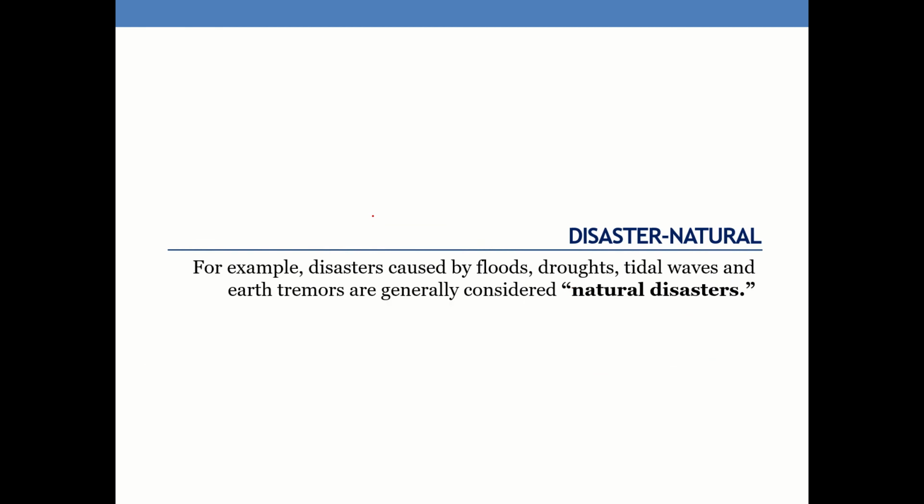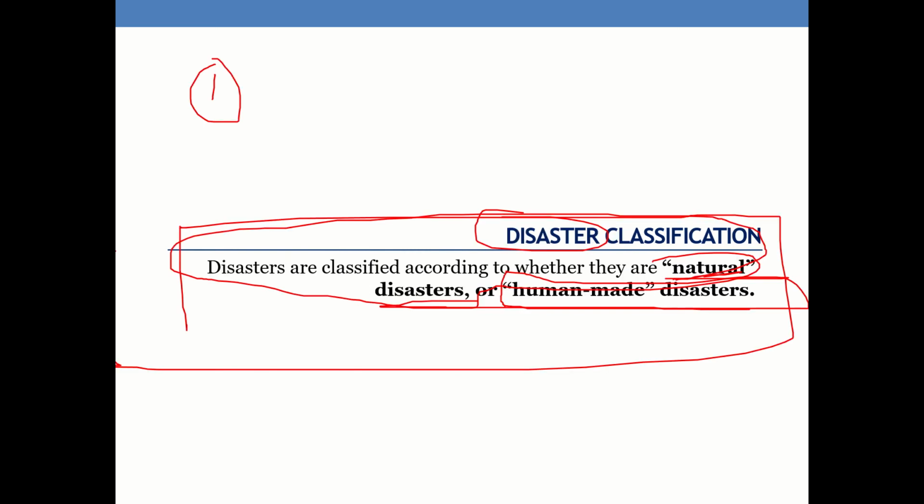For example, it can be floods, drought, or earthquake caused by natural disaster, or it can be beyond this. So how do we classify these disasters? Broadly, we can classify disaster as naturally occurring or human-made disasters. However, we will be focusing primarily on natural disasters.